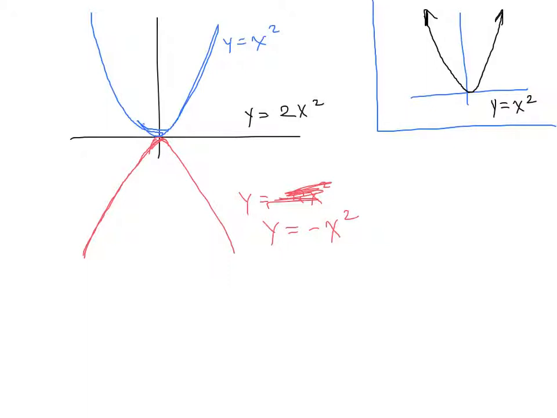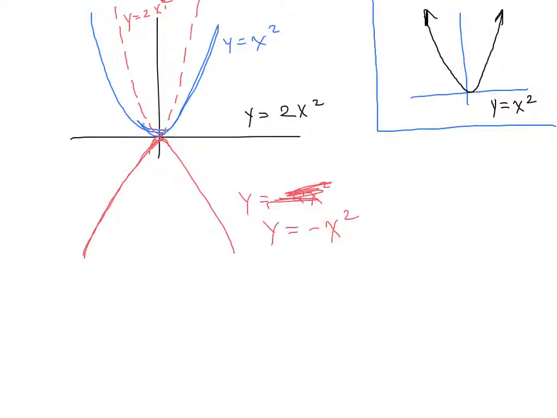And if the graph is climbing twice as fast, then you would get a narrower graph. So it would look like this. That's the graph of y equals 2x squared.